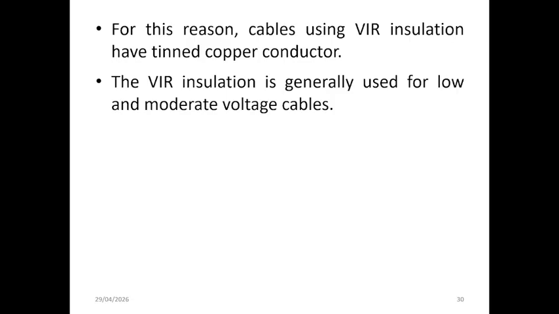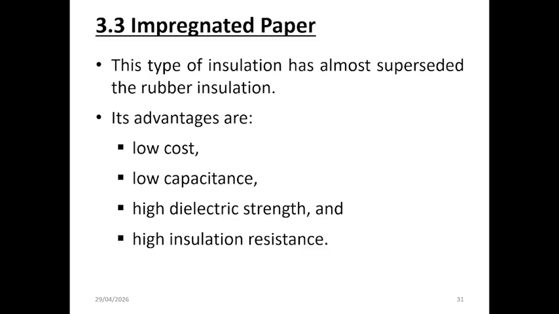So due to its limitations, VIR insulation is mainly applied in low and medium voltage cables rather than high voltage systems. So this slide introduces impregnated paper as an insulating material.